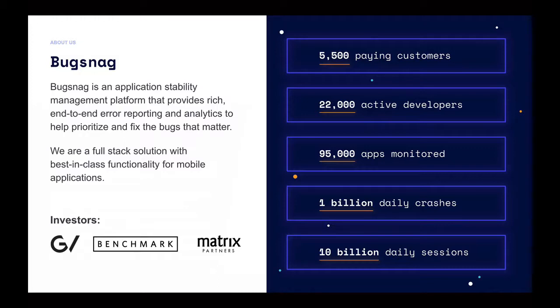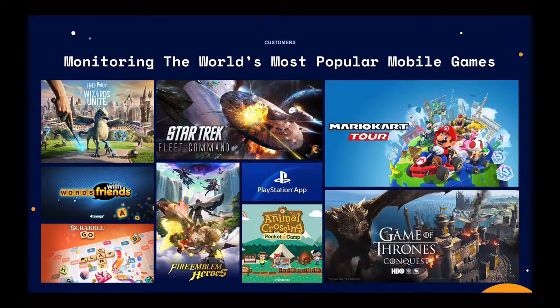We really focus on helping you figure out which bugs matter, because in gaming and most client-side applications, there's a signal-to-noise problem. There's a ton of errors, but quite often a very small development team. I'm excited about the fact that these days I get to work with large gaming properties and large gaming companies, given my love of gaming.